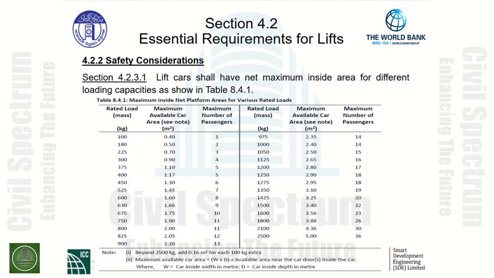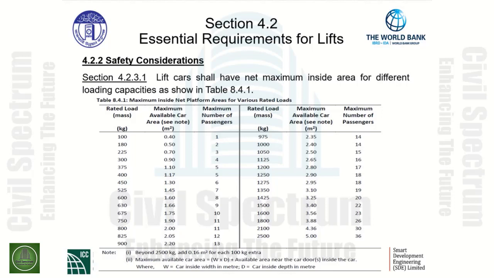Now, there are notes to the table that are indicated in the bottom of the table that are a function of the table. As an example, if we have a rated load of 525 kilograms, the next column over to the right-hand side will give us the maximum available car area. In this case, it would be 1.45 square meters.